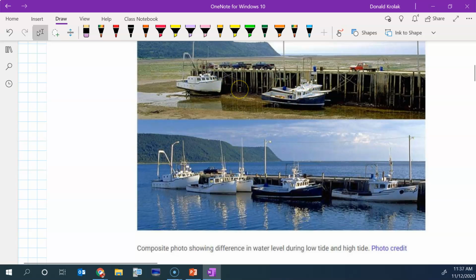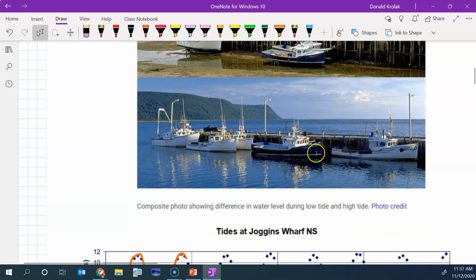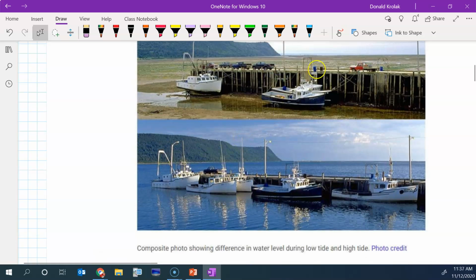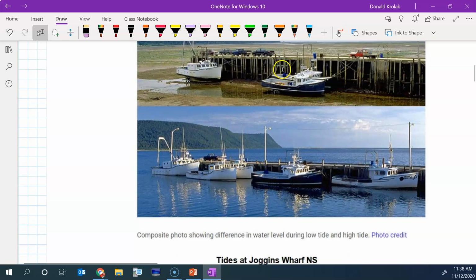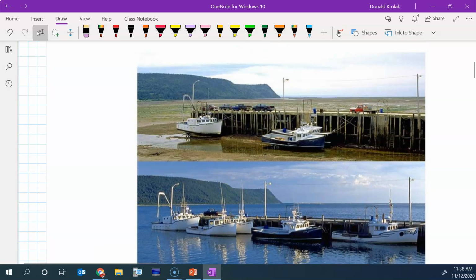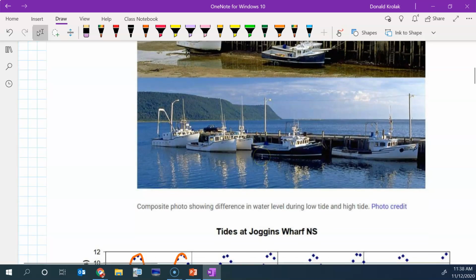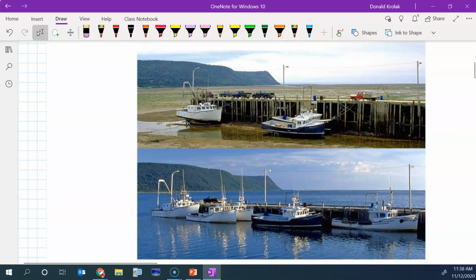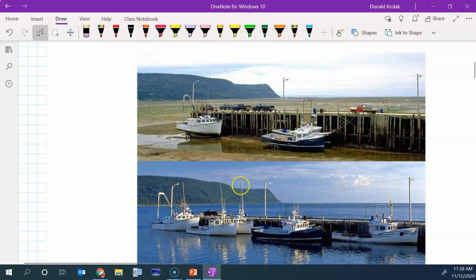It almost looks like it's abandoned. Twelve hours later, it looks like this. Look how far the water's gone back. You can't even see it all the way back to the mountain. This is dry land. Then 12 hours later, it looks like this, and 12 hours later, like that again. It goes up and down like that twice every day.